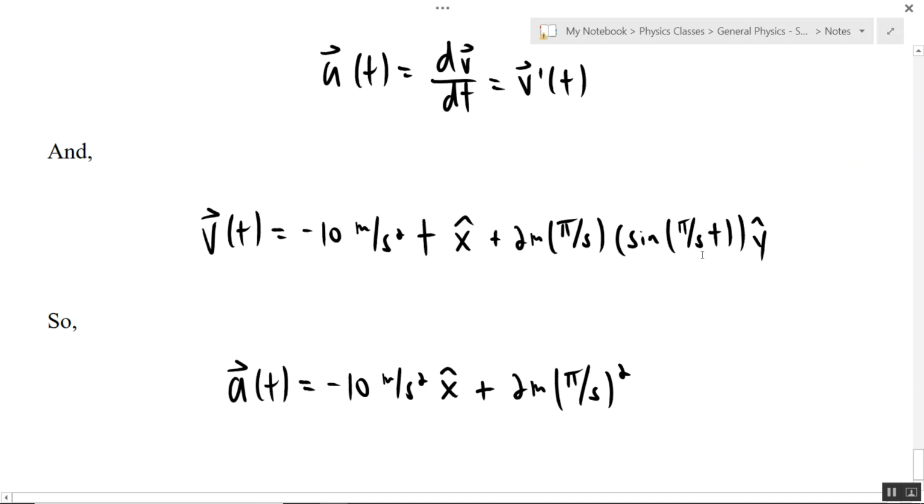What's the derivative of sine? Cosine, right? So this is the acceleration vector at any moment of time. If you plug in different t's, although the x part doesn't change, the y part does, and that gives you different acceleration vectors.